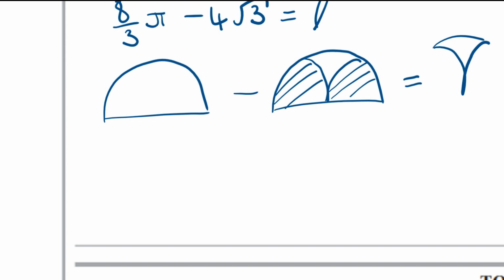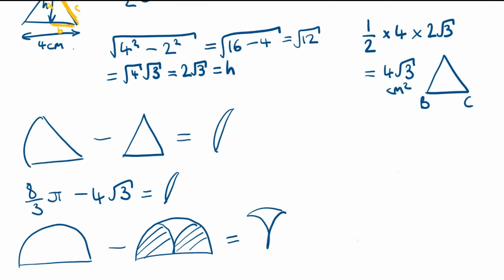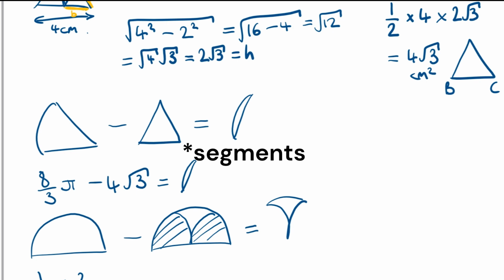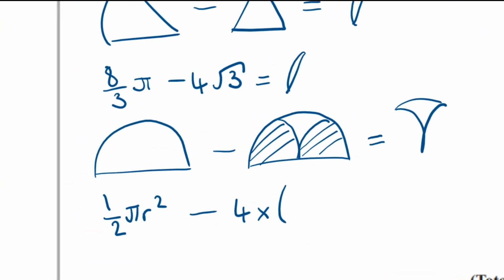Okay, so here we're going to have a half pi r squared, because it's half of the total area, minus, we have 4 of the slivers and 2 triangles, so we need to do 4 times 8 over 3 pi minus 4 root 3 minus the area of 2 triangles.